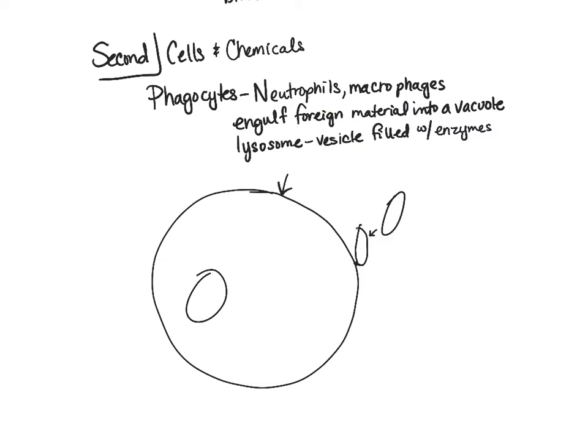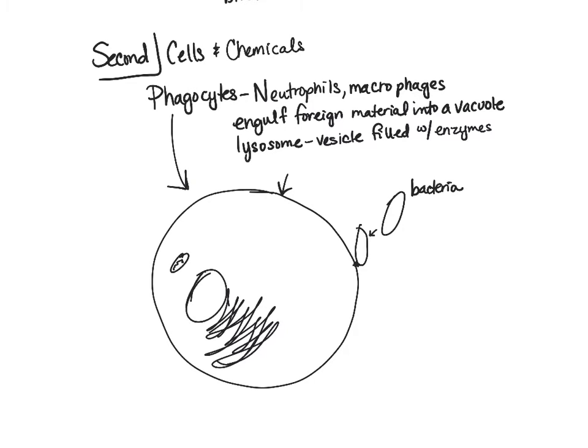So we have our nucleus in here and various other organelles and things, right? This is supposed to be our endoplasmic reticulum and different mitochondria and things like that within the cell. So here is our cell. It recognizes that this is not self, that this is a bacteria. I can probably write that. Bacteria, and then this is our phagocytic cell, or phagocyte.